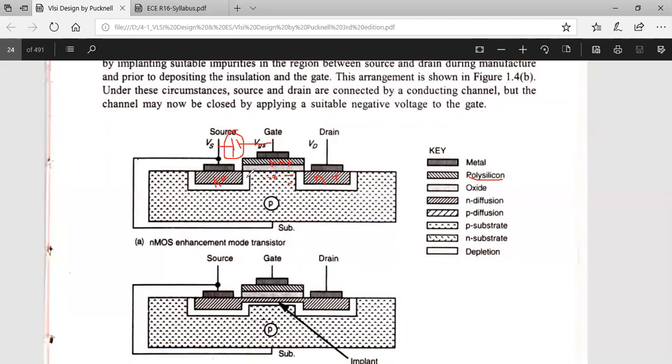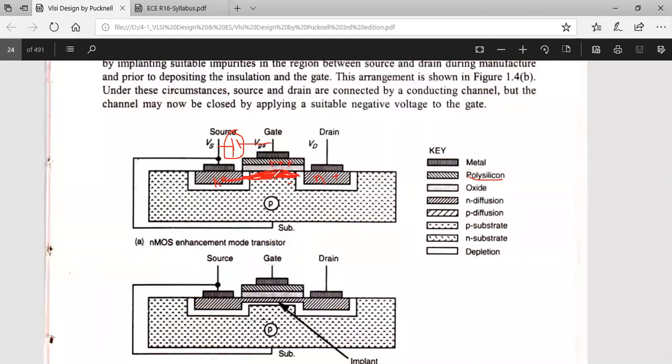That means here also electrons, here electrons, they all are forming like that. So automatically an n type channel will be formed under the gate region between the source and the drain.